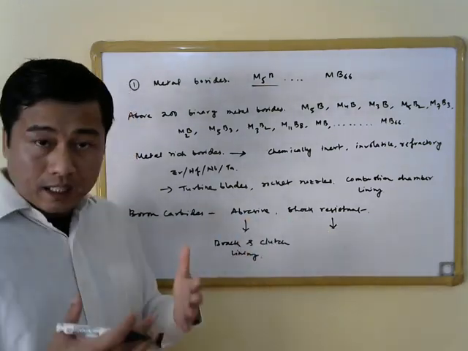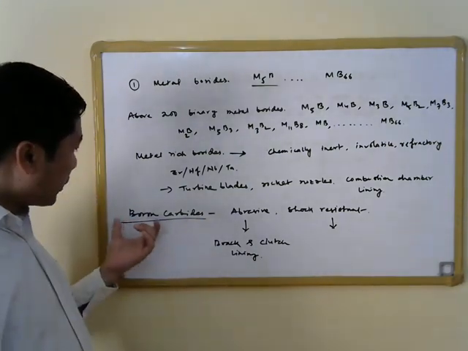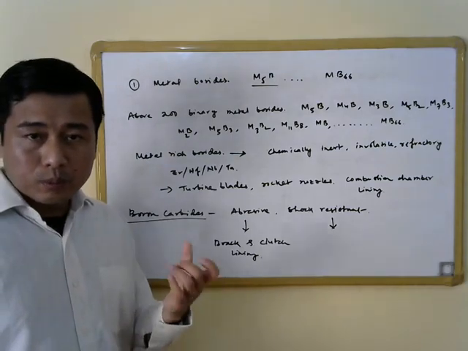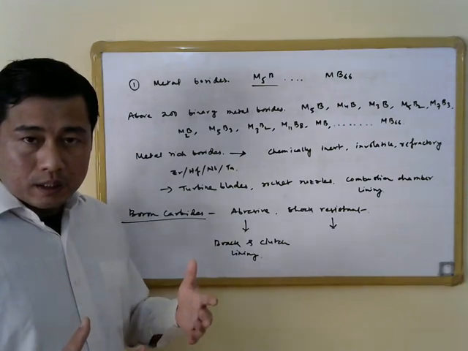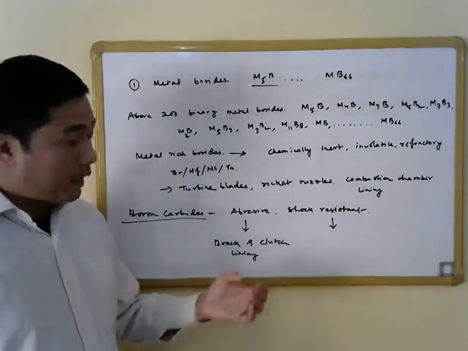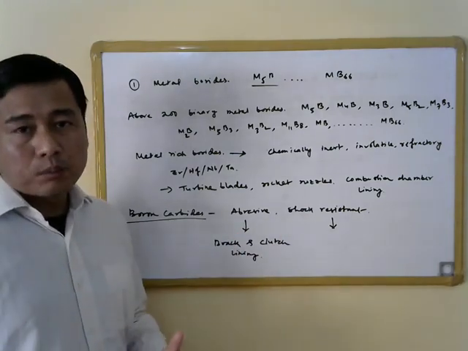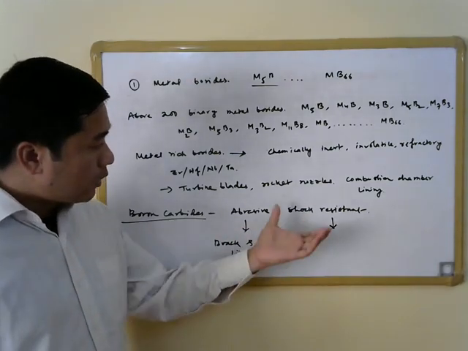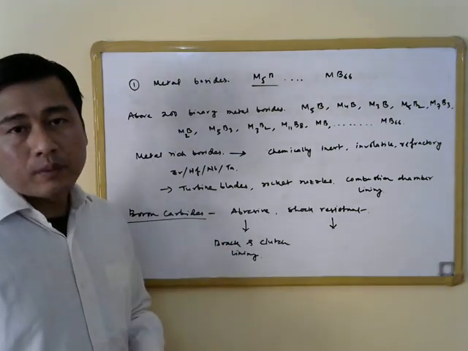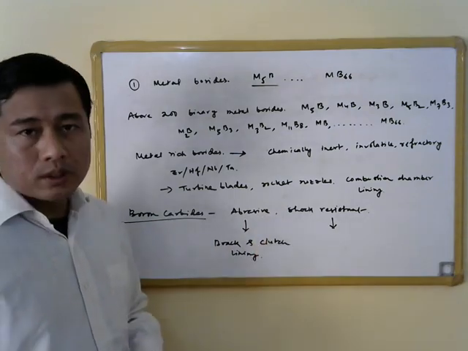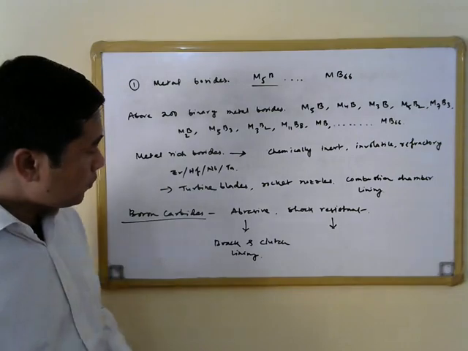Boron carbides are light materials, because boron and carbon are both lighter elements. Because of that, and because they are shock resistant, they are useful for making bulletproof jackets or protective armors, as they can withstand the shock one can get from arms.